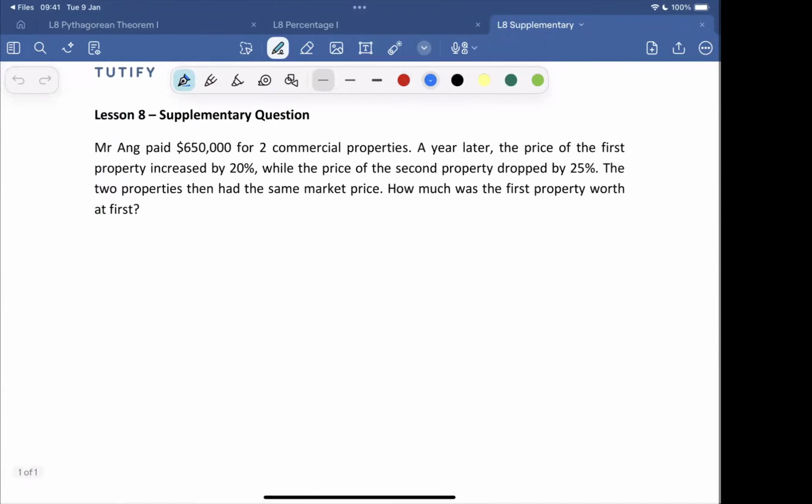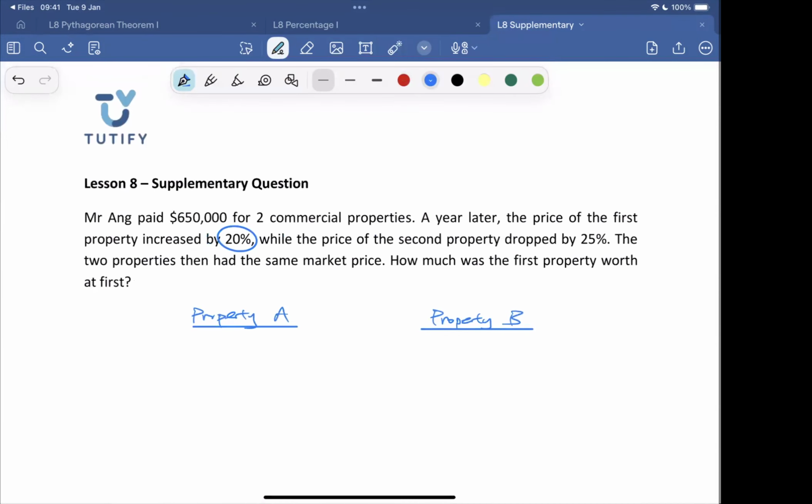So let's write down property A, and let's call the other one property B. Now, if I look at the increment, 20% increase. Can you help me to convert 20% into a fraction? I'm sure you know the meaning of percentage, right? Divide by 100. So 20% is, what is a fraction?